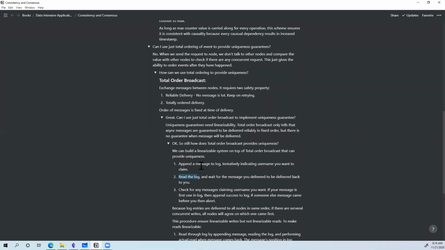Yeah, to understand this better, we would need to understand what the total order broadcast protocols are. I was briefly reading about it, and there are many total order broadcast protocols, at least more than 15.